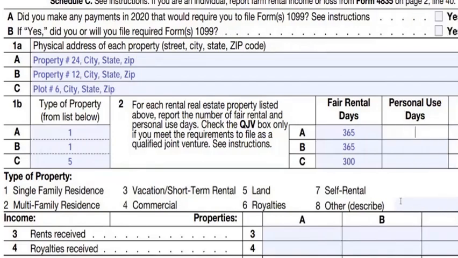And then personal use days. Obviously the property was rented the entire year, so there won't be any. Or it could be that they used this land for some time themselves, and then they rent it out. So it may be 65 days they used.